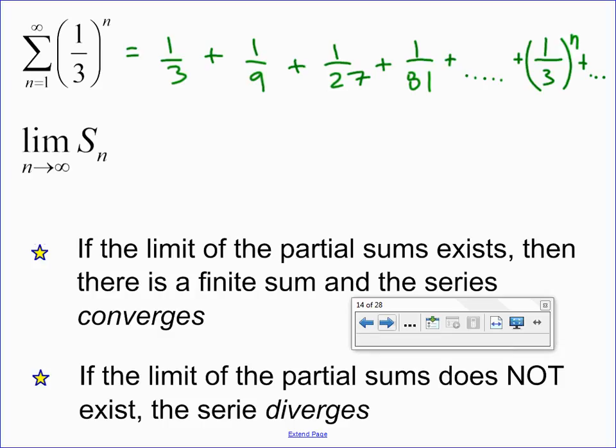That is to say, if the quantity that I'm adding to my partial sum to get the next partial sum is approaching 0, then my overall sum could be leveling off, could be approaching a particular value, in which case the limit of the partial sums as n approaches infinity would equal a number. It would exist, and I would have a series that converges, and that's what we care about. That's what we're after here.